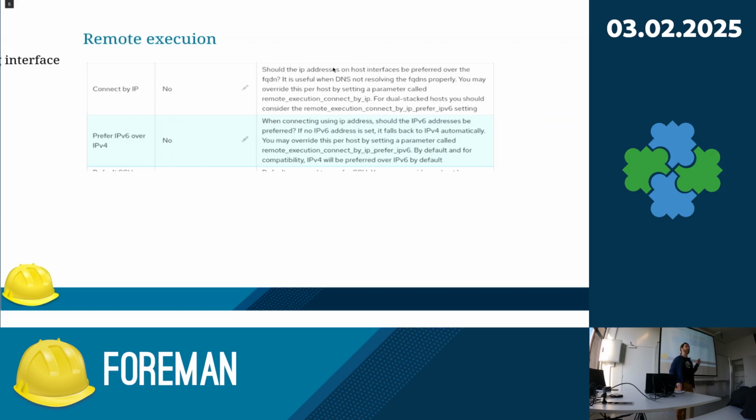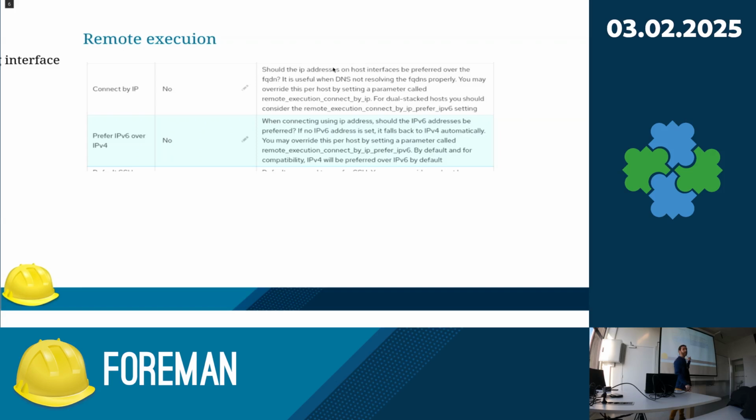So if your host doesn't have the proper DNS name, you can actually use IP for the communication. And the other property is prefer IPv6 over IPv4. It means that if an interface has both IPv6 and IPv4, which one would be selected? This property actually selects one or the other.